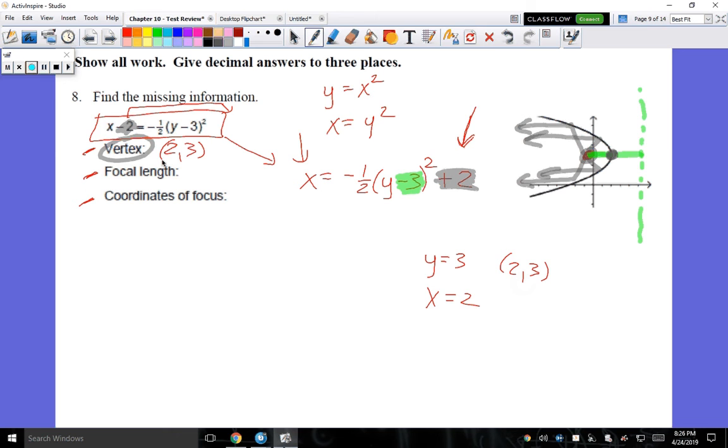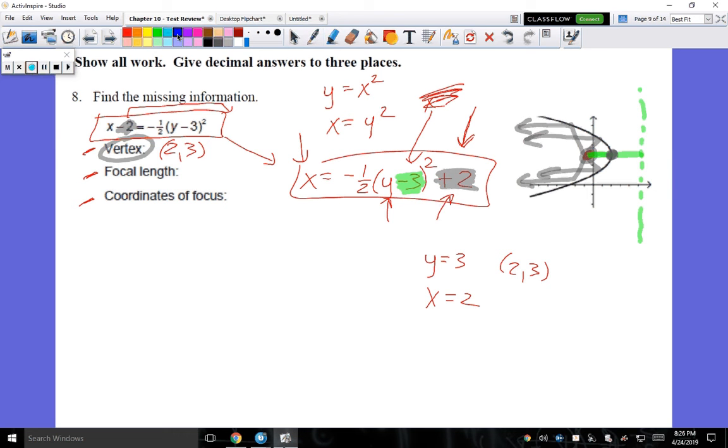It's just reinforcing that idea that anything in parentheses is opposite and anything on the outside is what you see. Just remember, because you got x by itself, don't think that this 3 is going to be an x value. It belongs with the y, so that's why it's the y value. And whatever this is must be the x value.